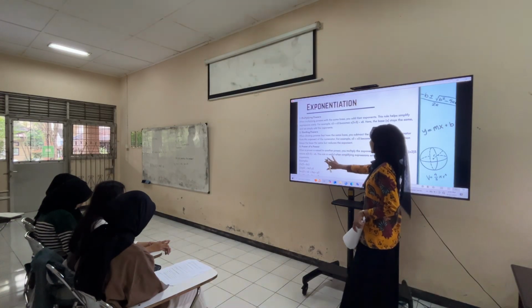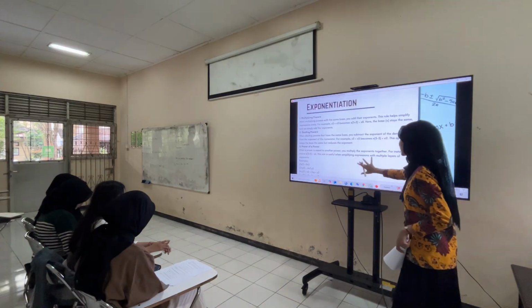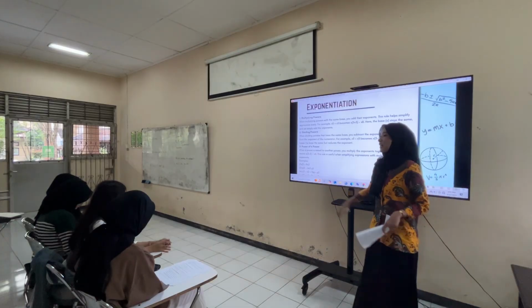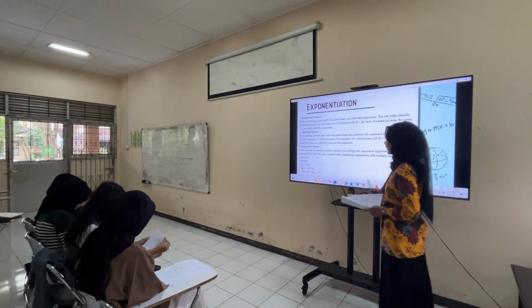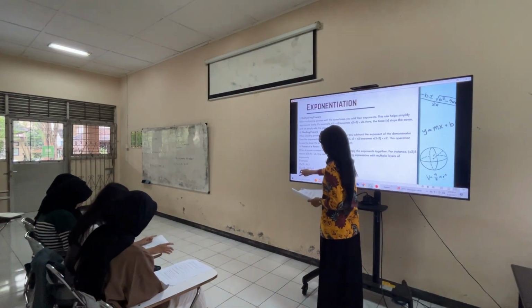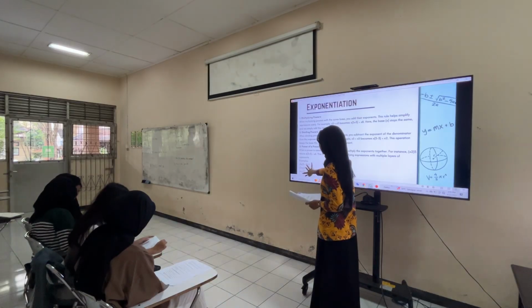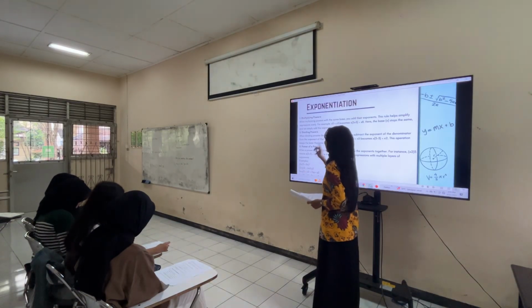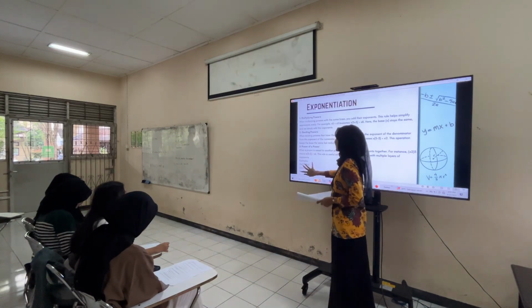And this rule is useful when simplifying expressions with multiple layers of exponents. The example in here, (3x) to the power of 2 are 9x squared.